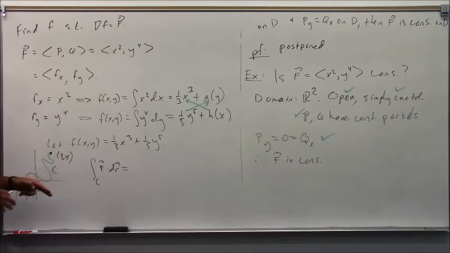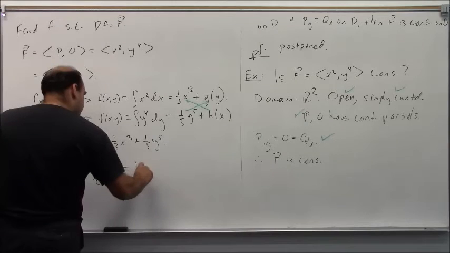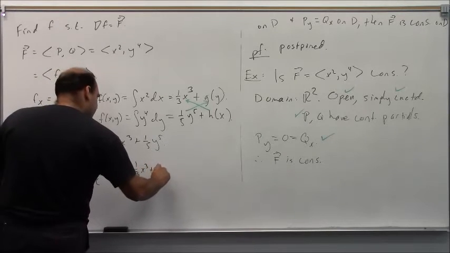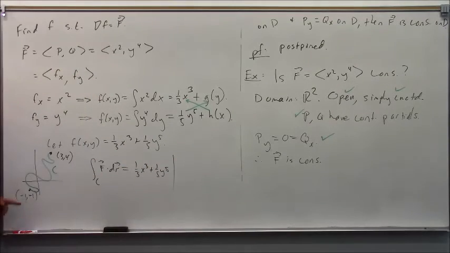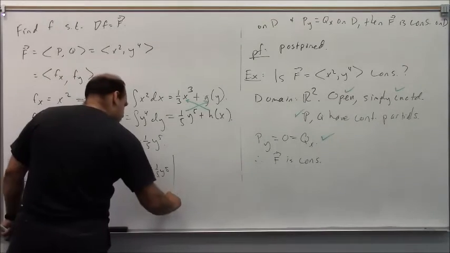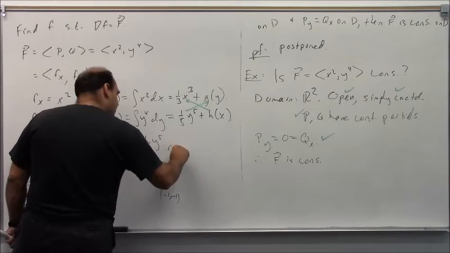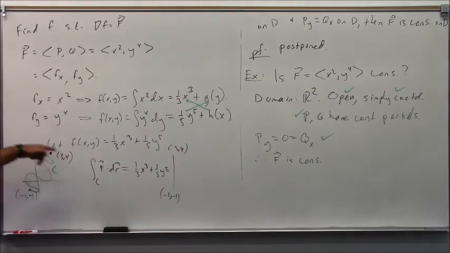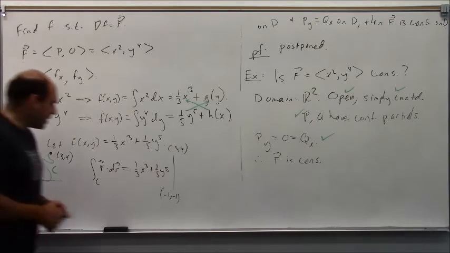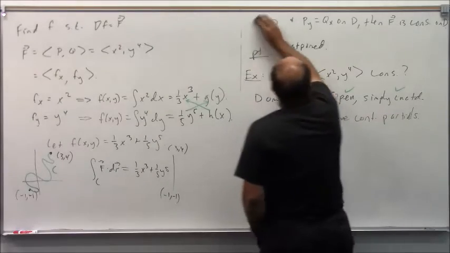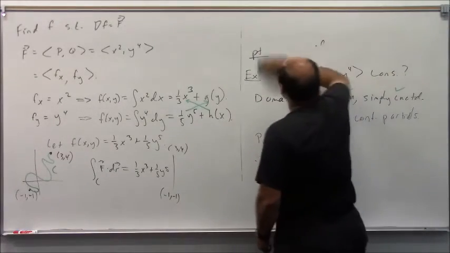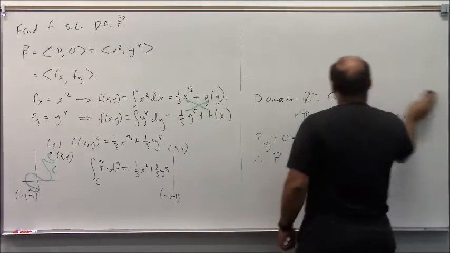I'm just going to cut right to the chase. This is going to be 1/3 x cubed plus 1/5 y to the fifth, evaluated from -1, -1, up to 3, 4, the top point. And then I just plug in and subtract. It's great. Great, great, great.